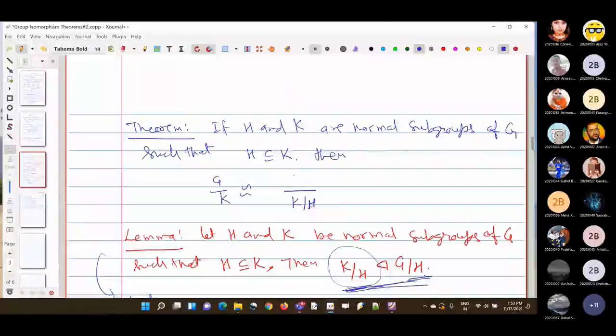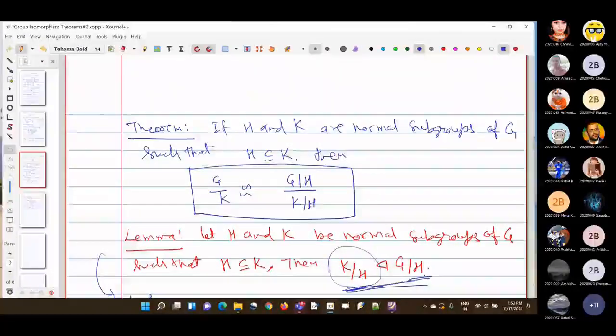So now you can talk about this. Okay. So you can define a map from G to G by H to K by H, prove that it is an onto homomorphism, and then use the first theorem of homomorphism to prove that they are isomorphic. Okay. So you can try, or I will explain in the next class tomorrow.